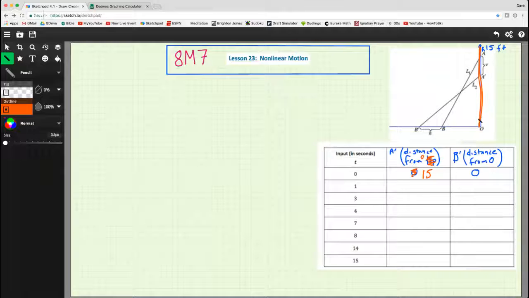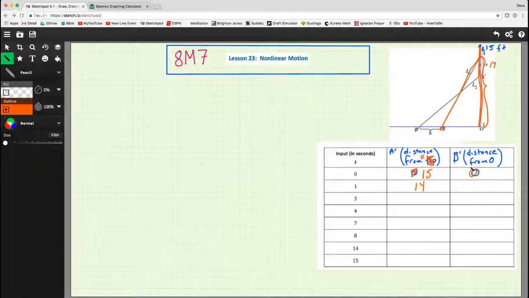And the B distance is 0 from O because the ladder starts here. But after 1 second, we know that the ladder has fallen to 14 feet. It's at 14. This whole piece is 14, because it's moving at a constant 1 foot per second down the ladder.